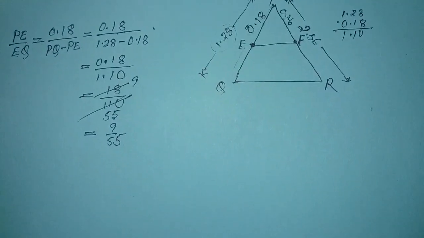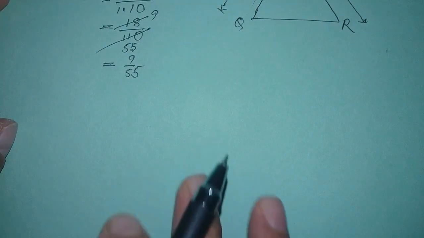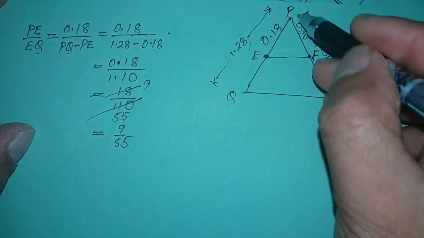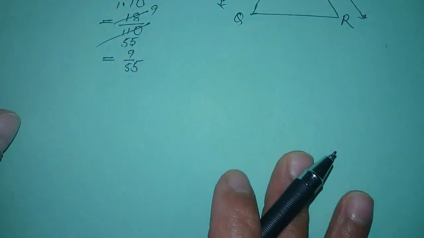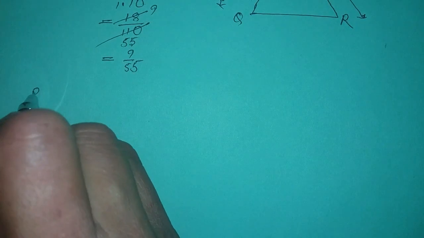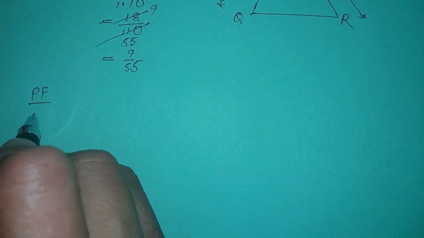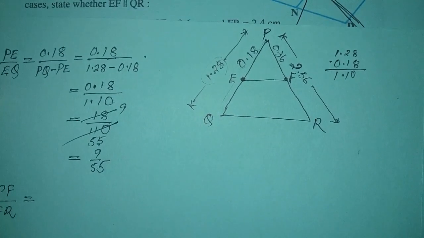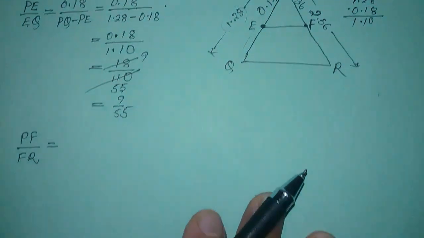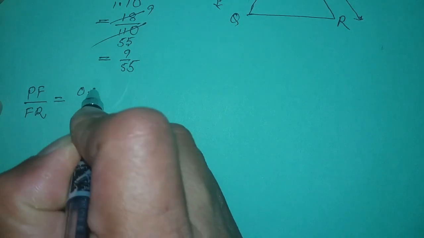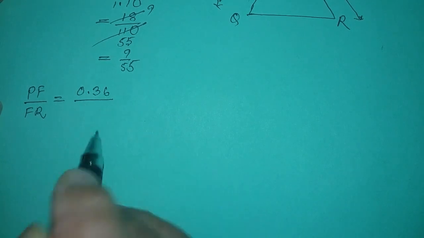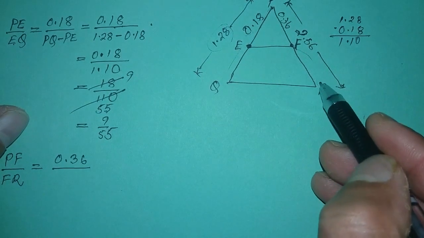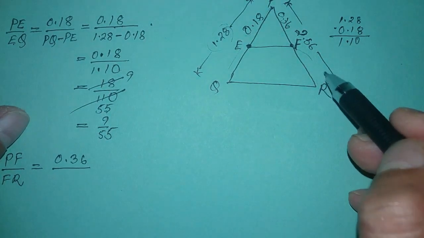Now for the other side, PF by FR. Now PF is 0.36, and FR we can write as PR minus PF.